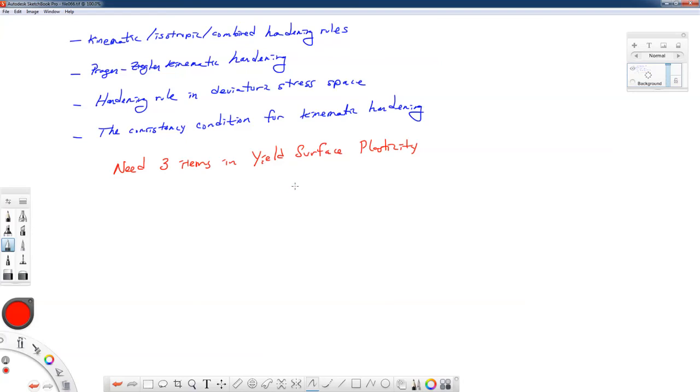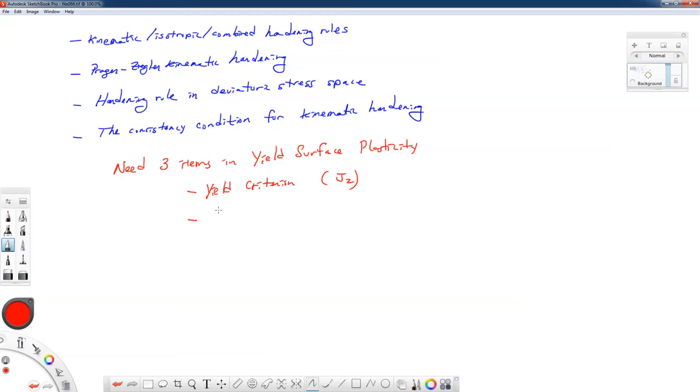But for yield surface plasticity, we need something called a yield criterion. We are going to use J2, the second invariant of the deviatoric stress tensor. We'll list what that is in a little bit.